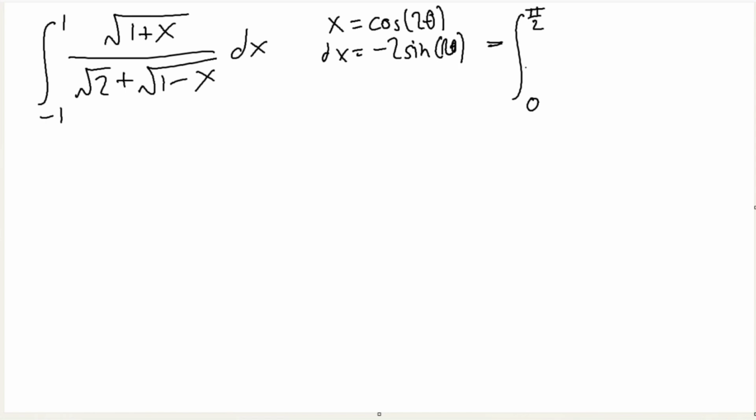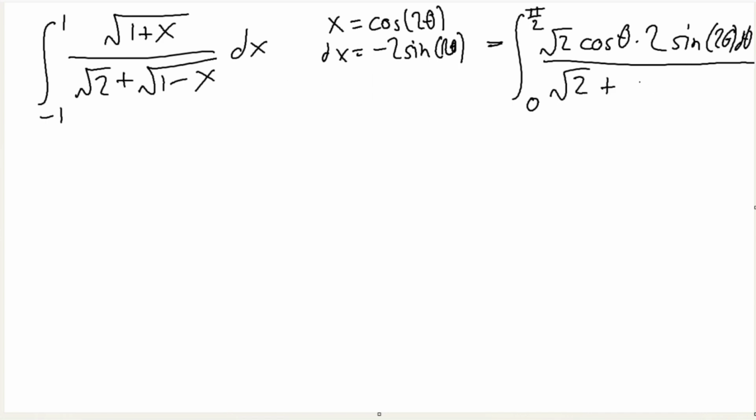Delete my reference. Okay. So then 1 plus cosine 2 theta, that's going to be square root of cosine theta. Don't forget that we have 2 times sine 2 theta as our d theta. And then we have root 2 plus, then 1 minus cosine 2 theta, that's 2 sine square.